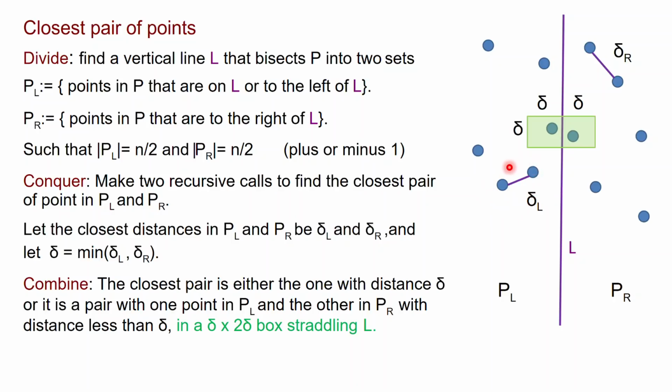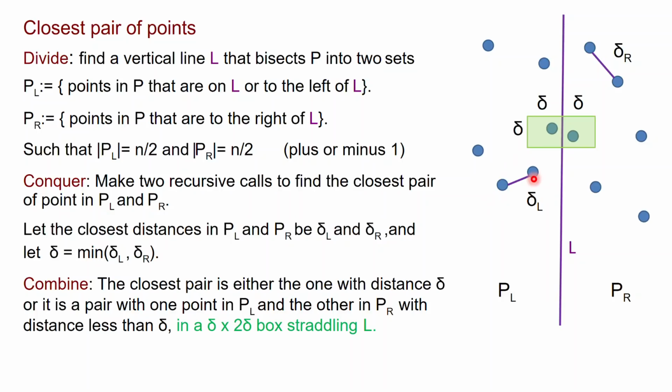Okay. That's why you only have to look for pairs in this delta cross 2 delta box. The other ones cannot contribute to a solution because just to cross the line L, you will have distance at least delta, and again, we already have a pair of distance delta.